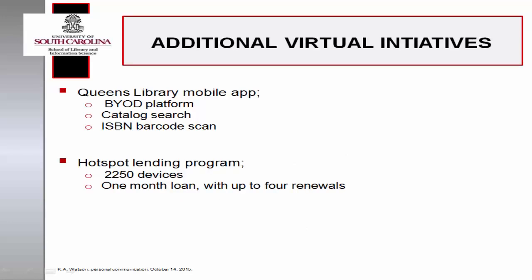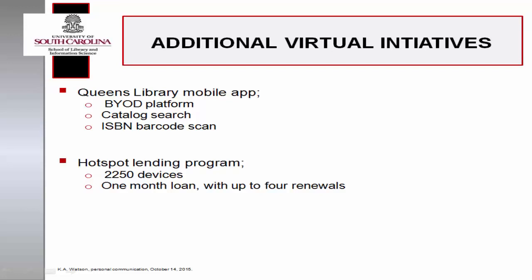In 2014, Queens Library launched a mobile app from iTunes and Google Play stores, available for Android 4.1 or greater and iPhone operating system 7 or greater. This bring-your-own-device platform shares real-time library information.